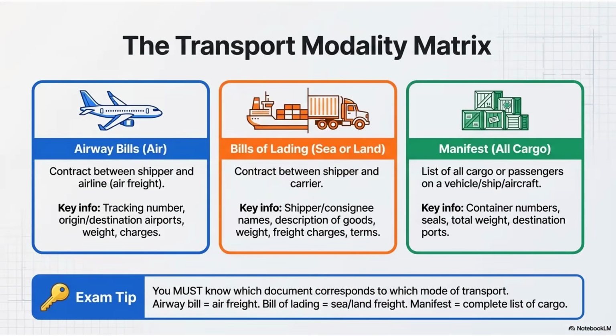The bill of lading is used when goods are delivered by sea. The bill of lading is also a document of title. It means it shows ownership of the goods. The air waybill does not show any ownership. Let's make sure you remember that difference.